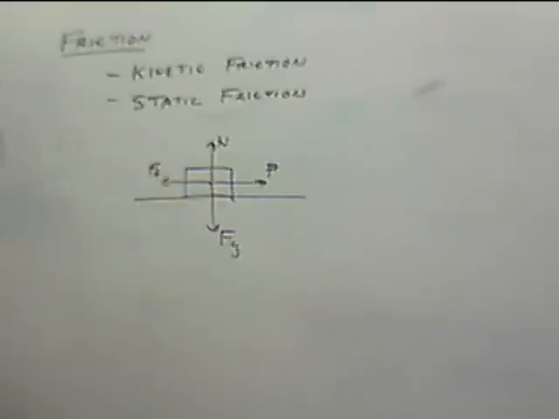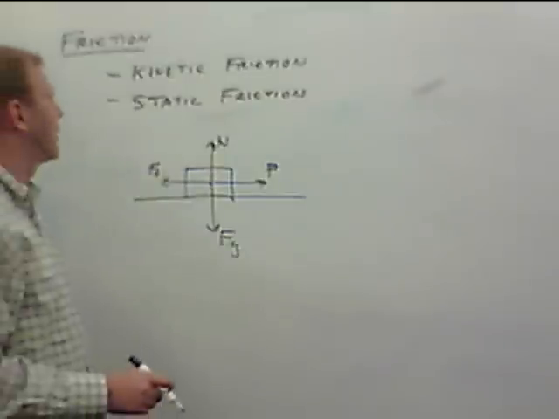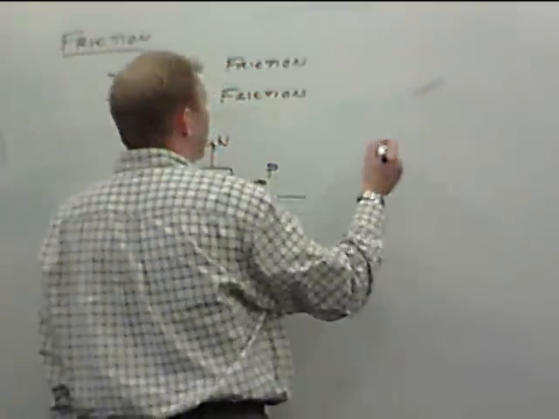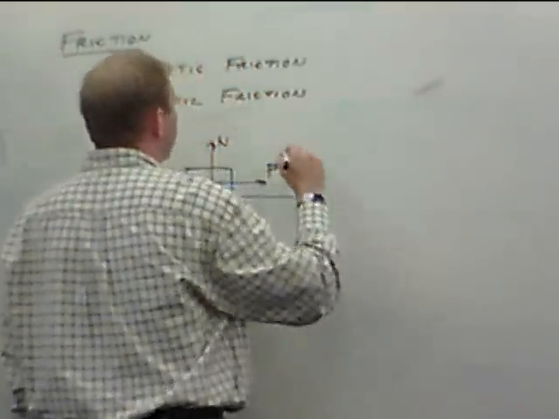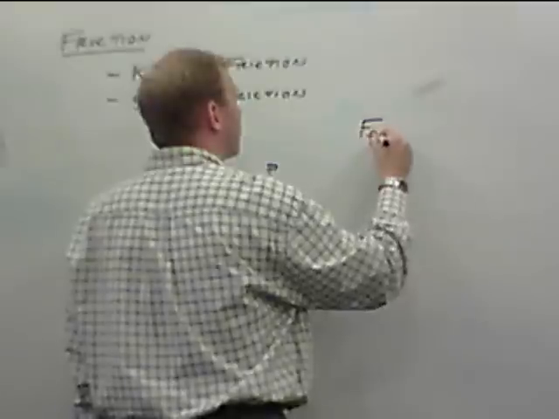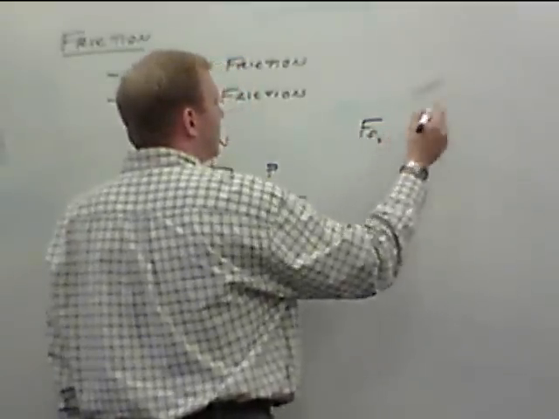Call that force of friction. The idea here is if the pulling force is larger than the force of friction, it'll start moving. Once it is moving, kinetic friction will kick in, and we'll be able to determine the acceleration of the block.